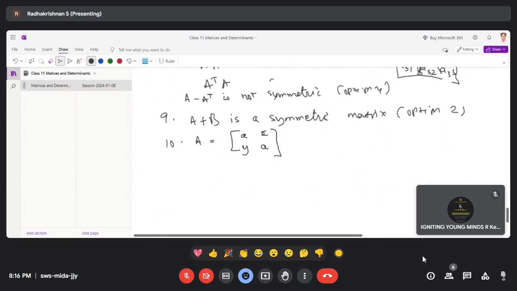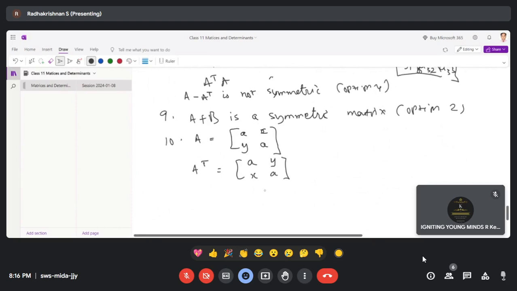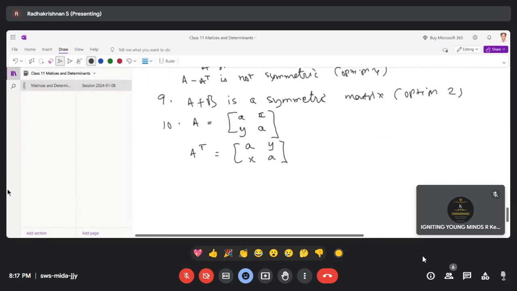So what is A transpose? [[a, y], [x, a]]. And determinant of A transpose. Let's do A transpose. First multiply the two matrices.